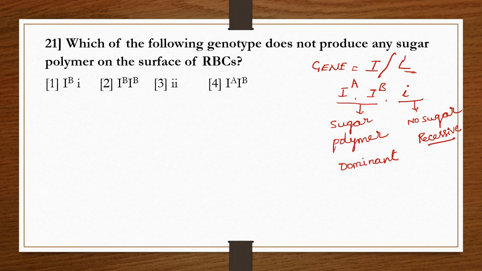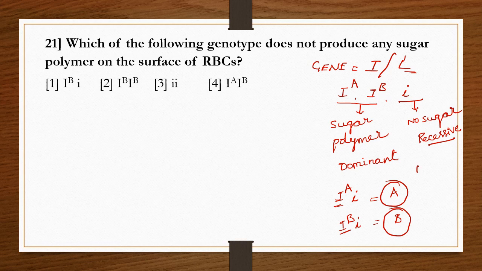How can we say that? Suppose small i is present along with IA. Here IA produces the sugar, so only the A character is expressed, that is A blood group. Suppose it is present along with IB and small i, then it becomes B blood group, because IB produces the sugar polymer.